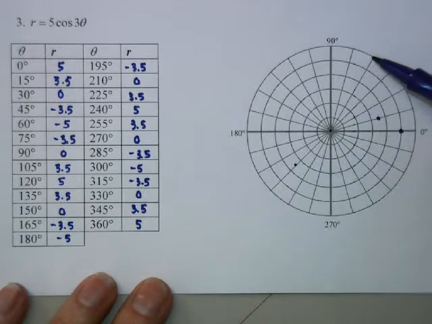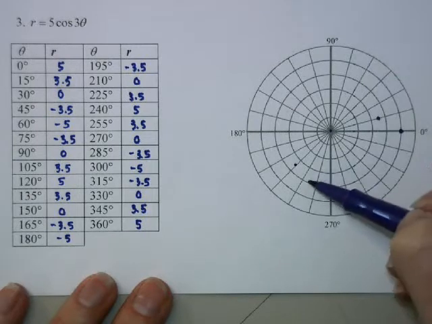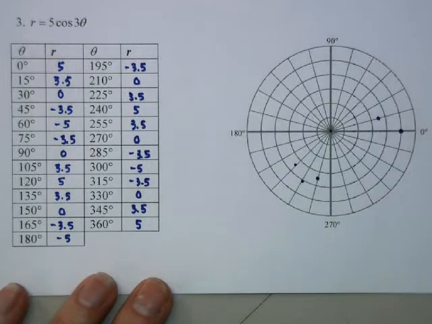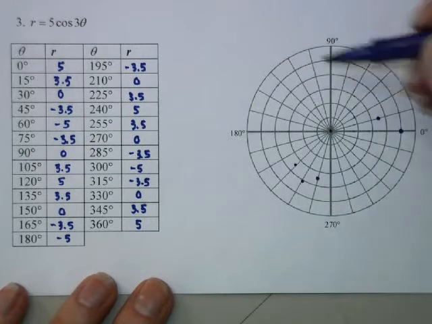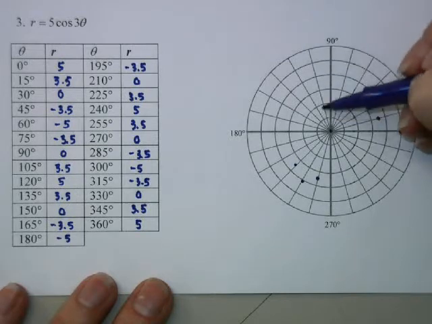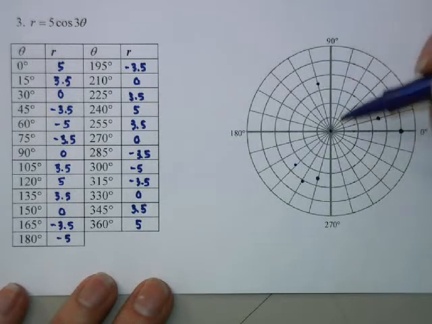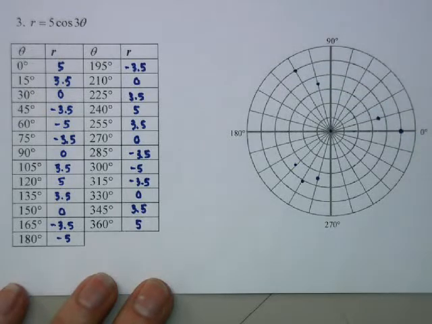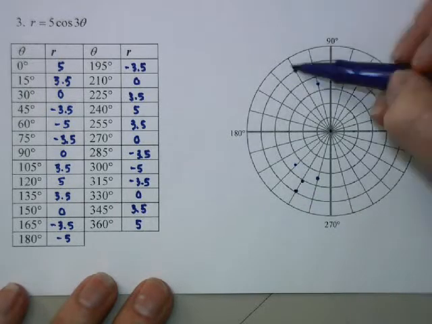At 60, which is here, we're at negative 5. And then the next one's negative 3.5 and 0 again. At 105, which would be this one here, we're at 3.5. 120 is at 5.